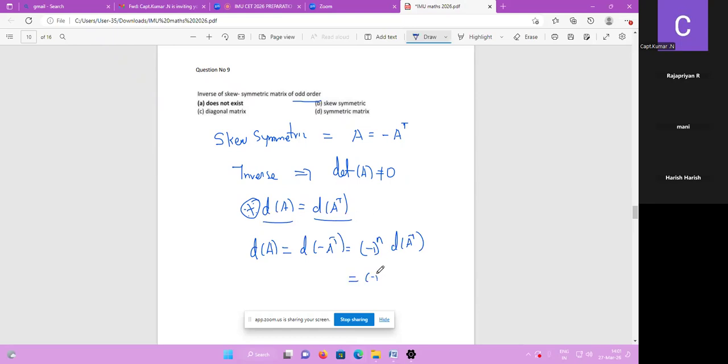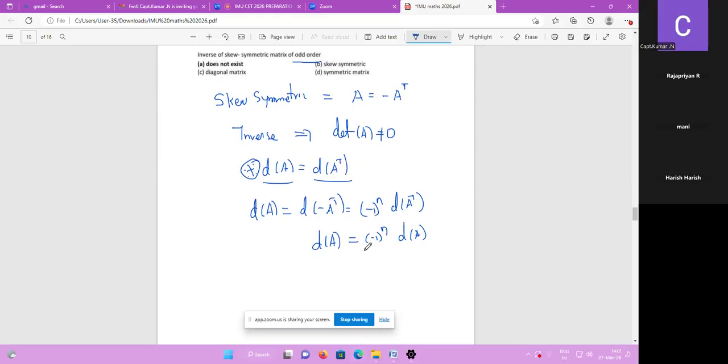So that's minus 1 power n determinant of A. What we have proved is that the determinant of A is minus 1 power n determinant of A. Now, if n is an odd order, this is negative, so the determinant of A equals the negative of the determinant of A, which is not possible. So the inverse does not exist.